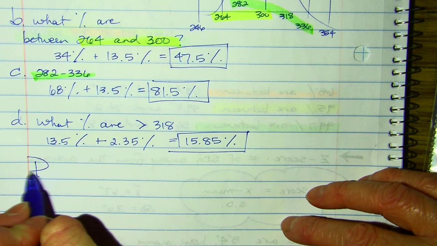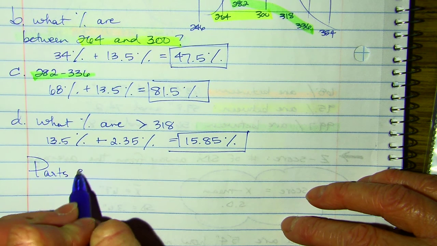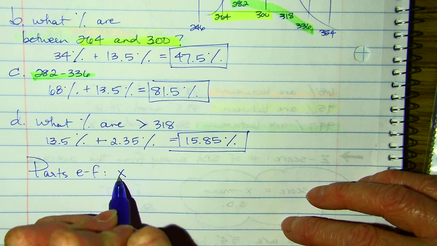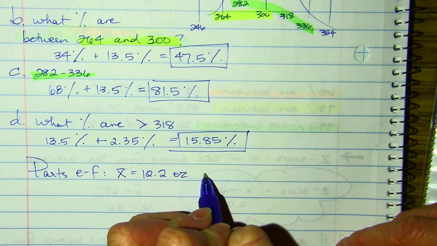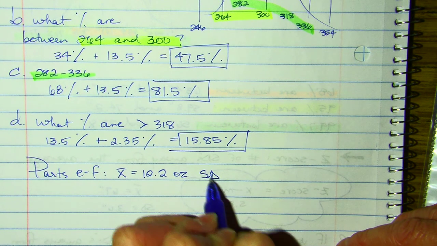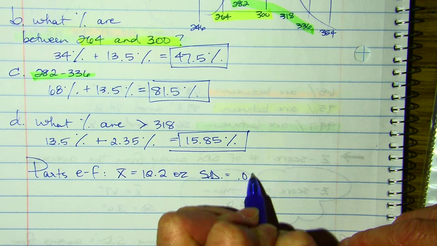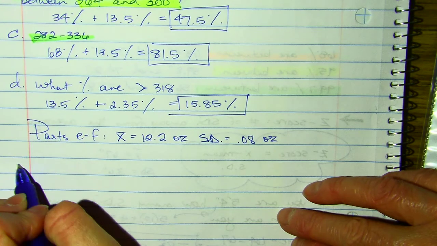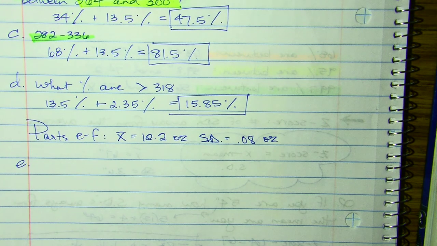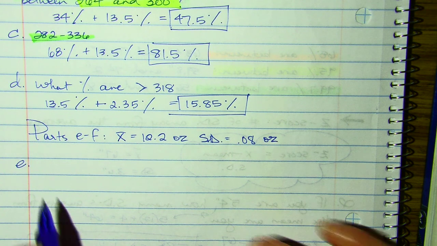Moving on to parts E through F, they want us to use a mean of 12.2 ounces and a standard deviation of 0.08 ounce. Part E wants us to find the standard deviations if you weigh 12 ounces.